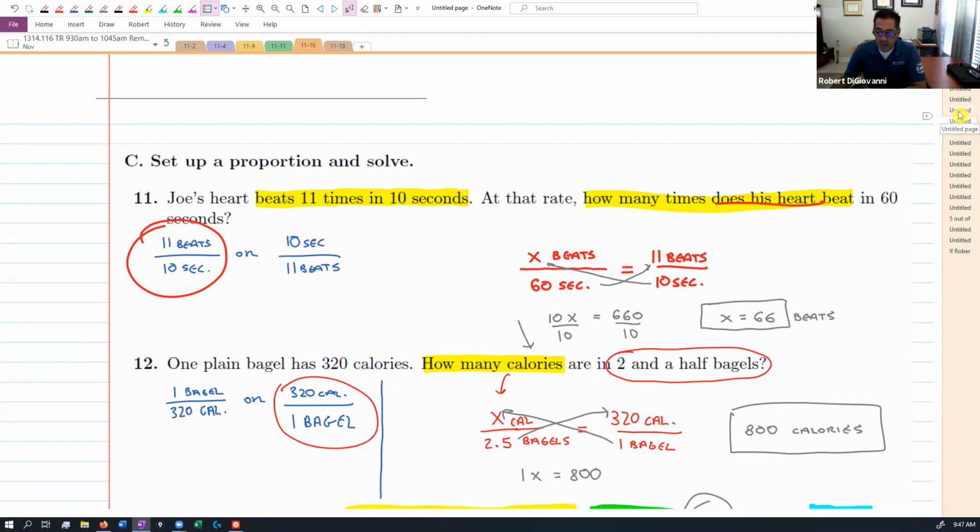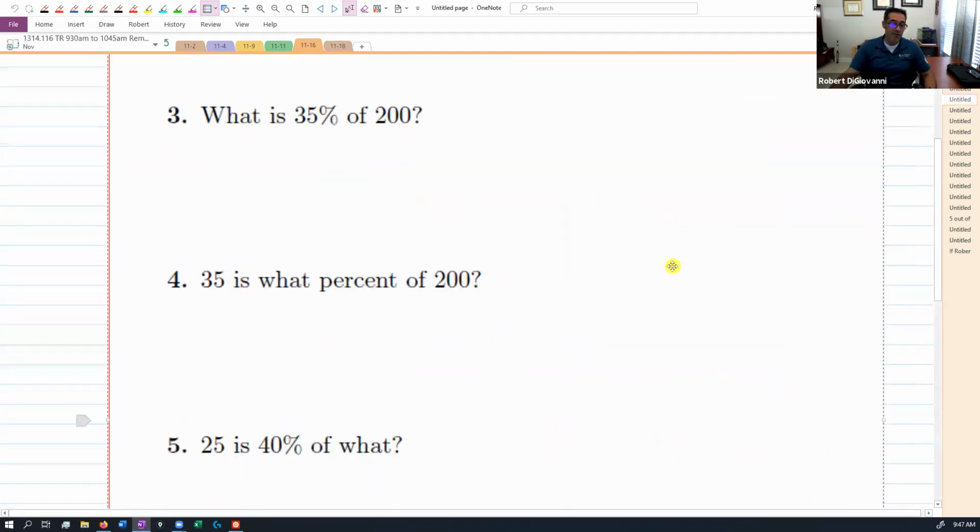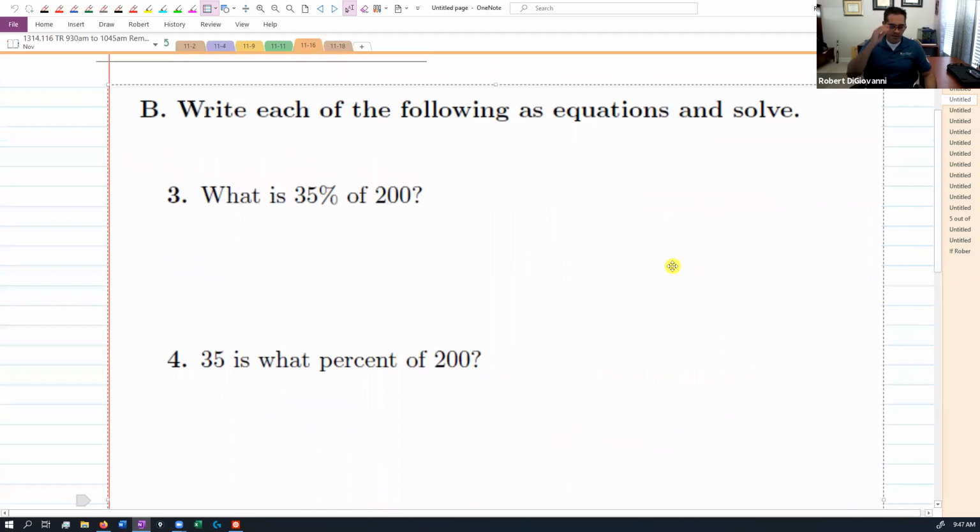Okay, now we're going to talk about percentages. We talked a little bit about percentages last time. We kind of know what they are. But now we want to use what we know about percentages to solve some problems. These aren't the type of word problems you're going to need to be able to do on the test. These are problems that will help us solve the word problem.